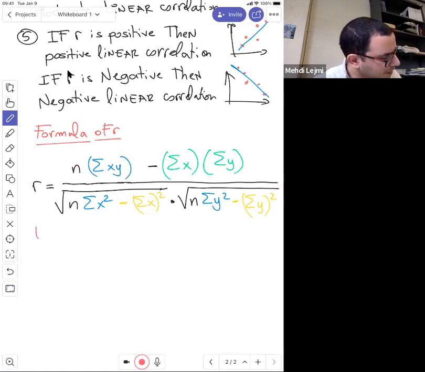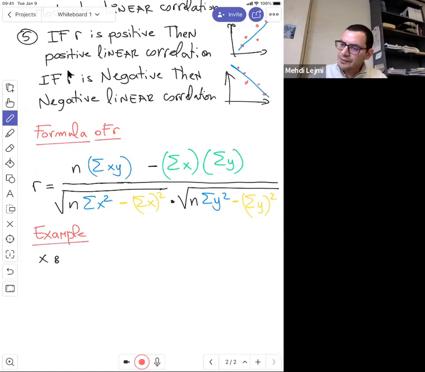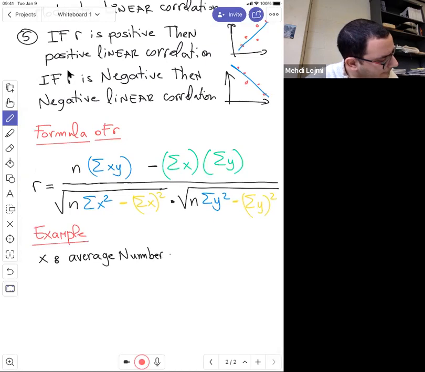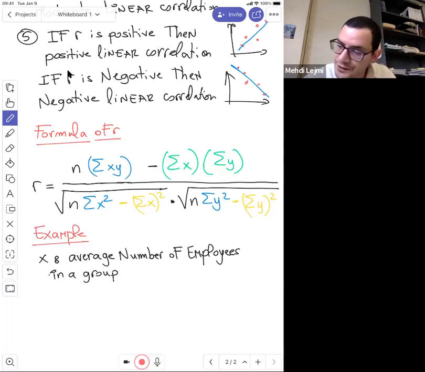This example is from the textbook, as I said yesterday, exercise 14. So x represents the average number of employees in a group health insurance plan.